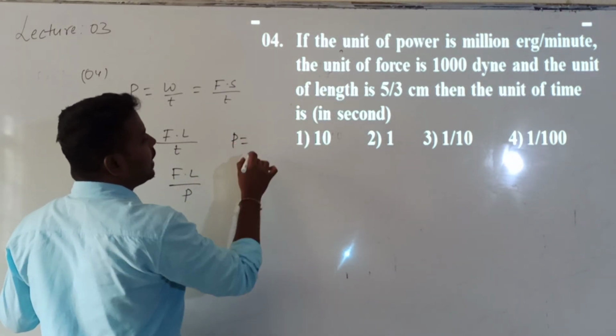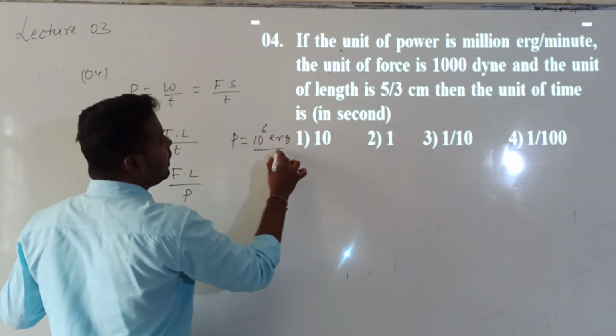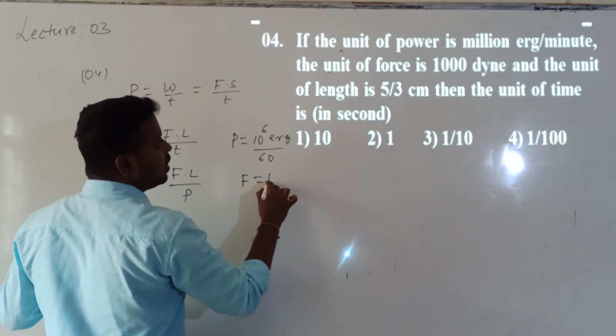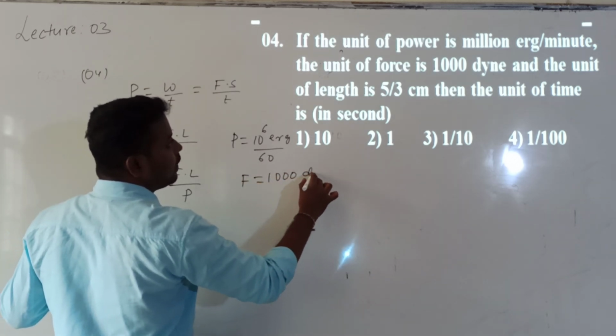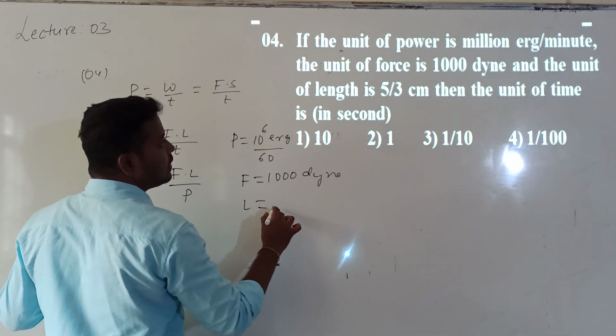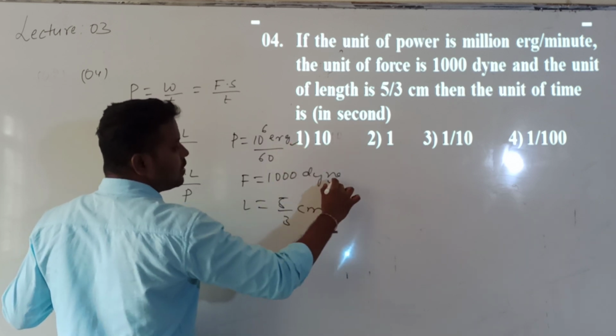Power is million erg, 1 million is 10 power 6 erg per minute. Minute value is 60 seconds. Force value is given as 1000 dyne, CGS. And length value is given as 5/3 centimeters. All are of the CGS system only.